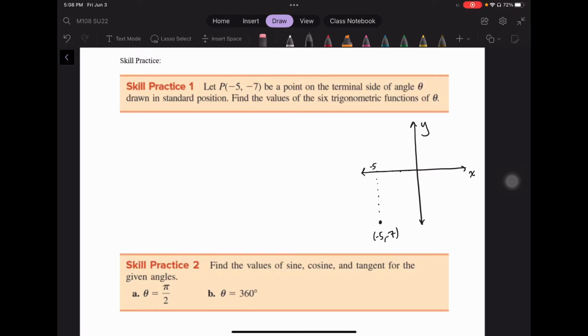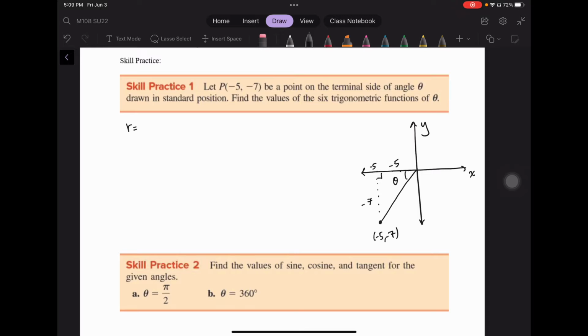We're going to draw our triangle in relation to the horizontal axis. Right here is our angle. This is a right triangle that we've created. And our x and our y's are negative. So we are going to have -5 here, -7 here, and we need to find our r value.